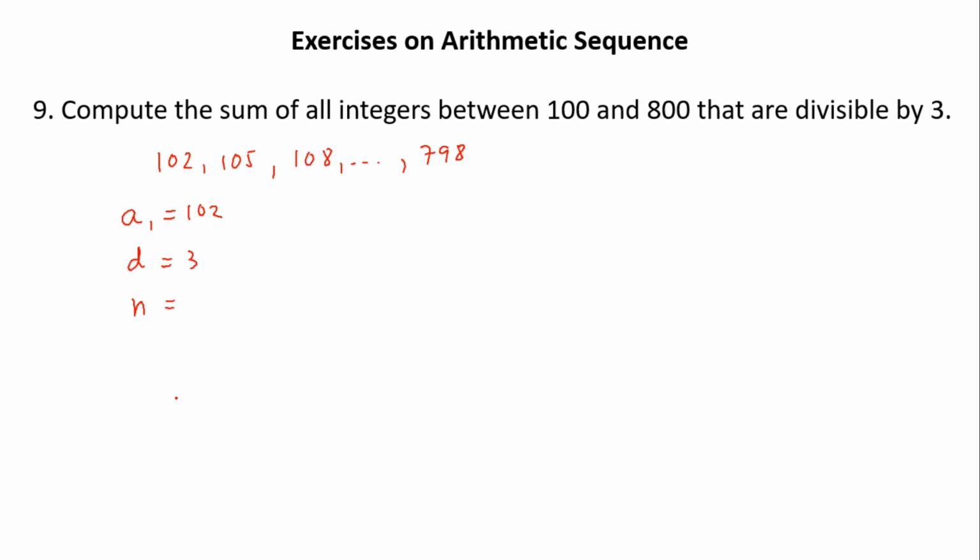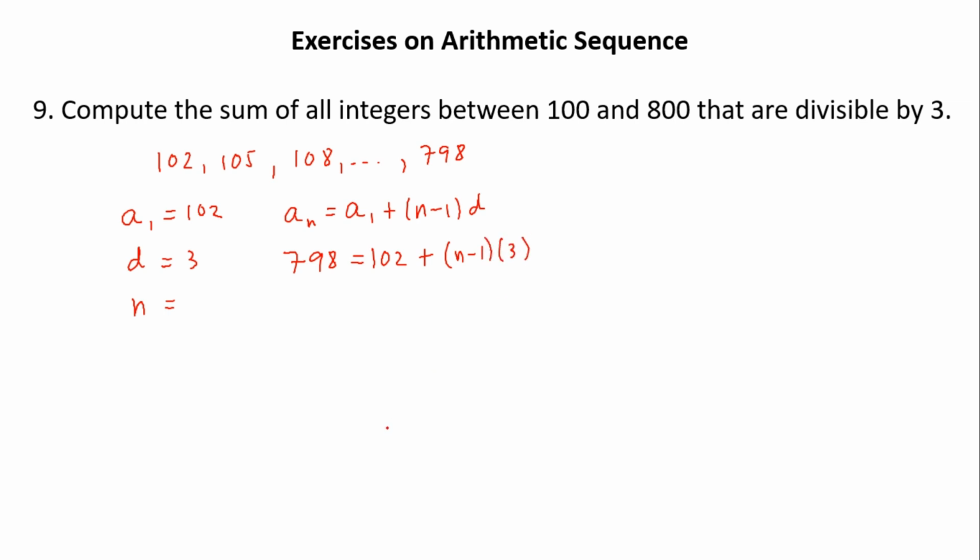Now, let's determine first the number of terms before we determine the sum of all these integers. We can use here again a sub n equals a sub 1 plus n minus 1 times d. So a sub n, the last term is 798. A sub 1 is 102. 102 plus n minus 1 times the common difference 3.